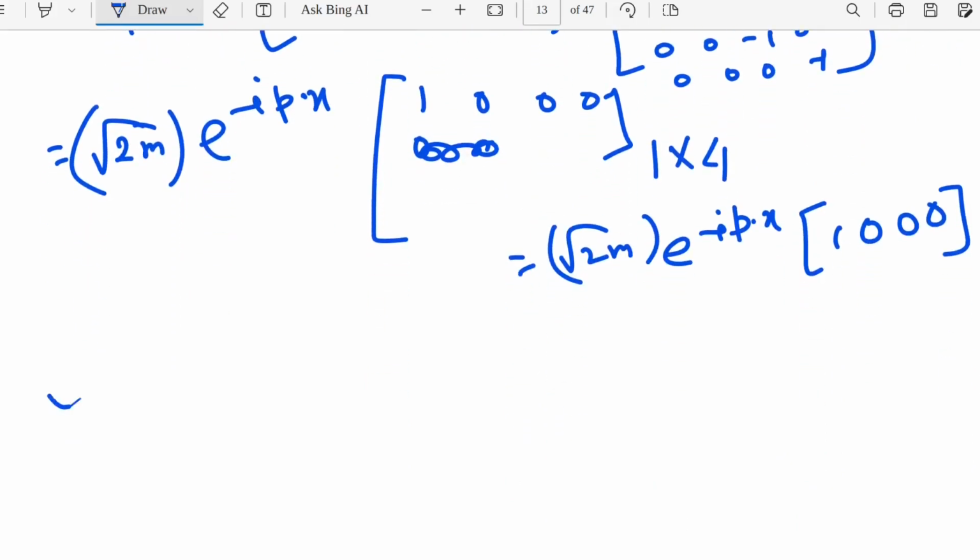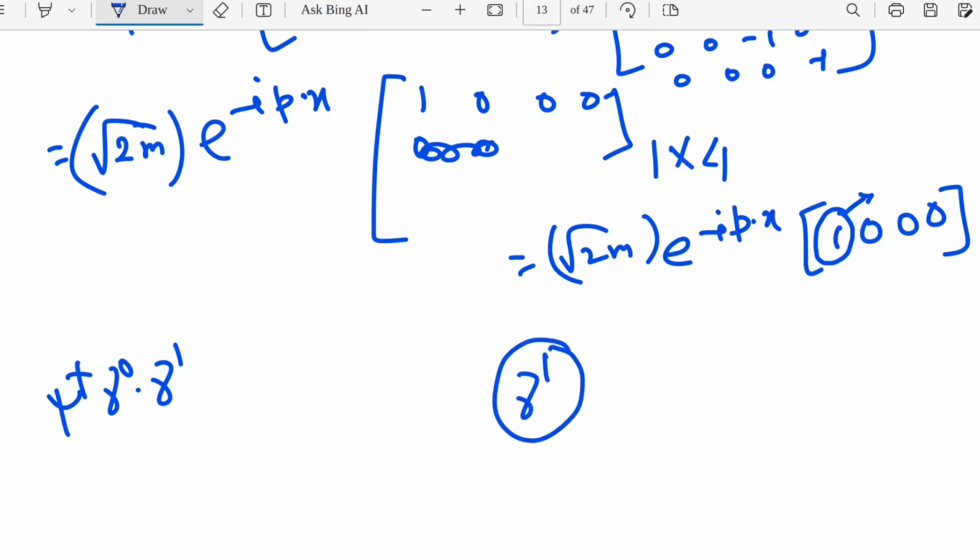Now let's say psi bar gamma 0 is multiplied with gamma 1. That means you can see that, definitely we can tell, in that 1 1 position it is 1 for psi bar gamma 0. And also, if in the gamma 1 matrix the 1 1 element is non-zero, then only we can have a non-zero value. But what is the gamma 1 expression?